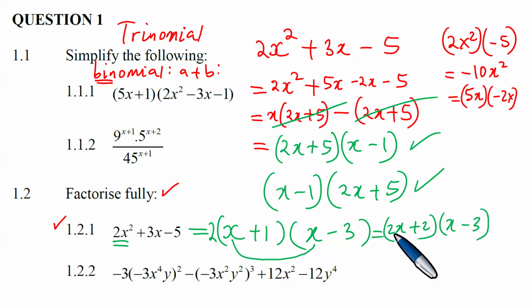Okay, we multiply 2x and x, we get 2x squared, right? And then if we multiply 2 and minus 3, what do we get? We must get minus 5. But if you multiply 2 and minus 3, what do we get? Negative 6.